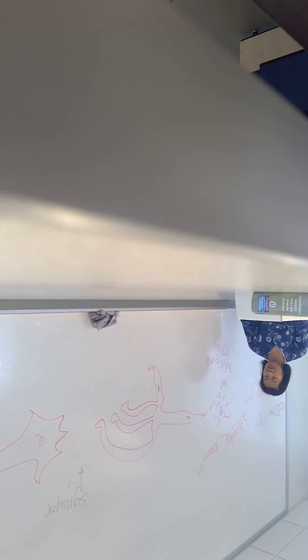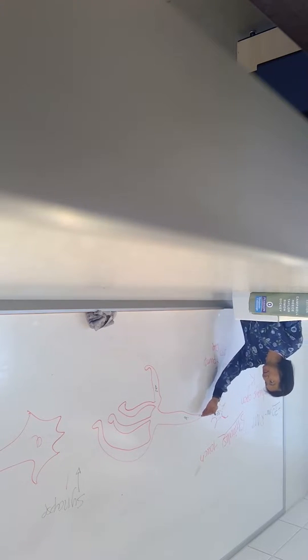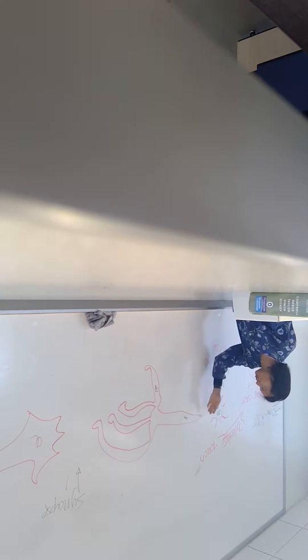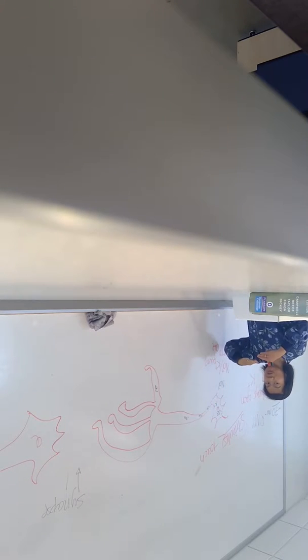It will start from here and then slowly move, or fire slowly goes that way. Same thing here. It starts with minus 70, then eventually it will hit positive 30. What's positive 30? The peak of the action potential, right?